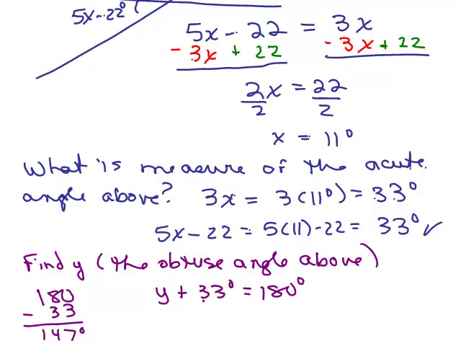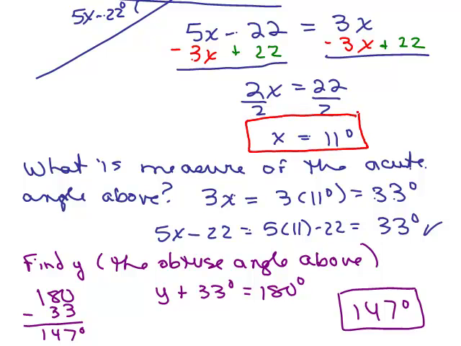And of course, the next step would be to subtract 33 from both sides and get 147 degrees. So 147 degrees happens to be the obtuse angle. The question, though, just asked you to find x, so here is what was asked. That was what the problem originally asked for. But we could find out all this other information as well.